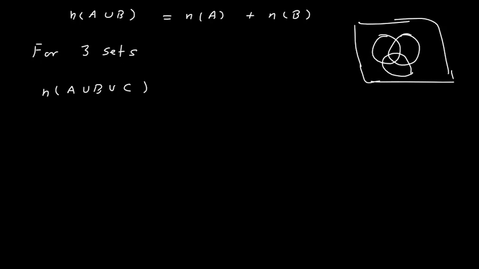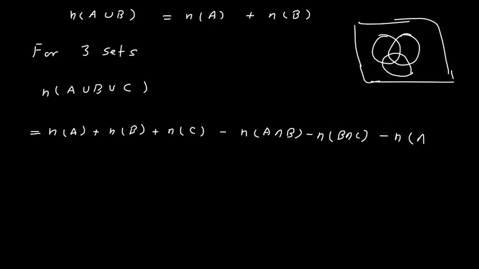Then n(A union B union C) is n(A) plus n(B) plus n(C) minus n(A intersection B) minus n(B intersection C) minus n(A intersection C) plus n(A intersection B intersection C). This is n(A union B union C) for three sets.